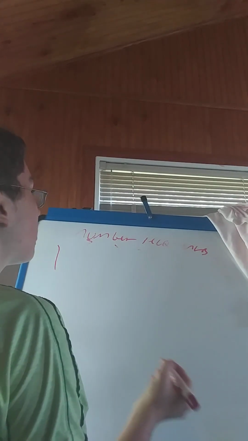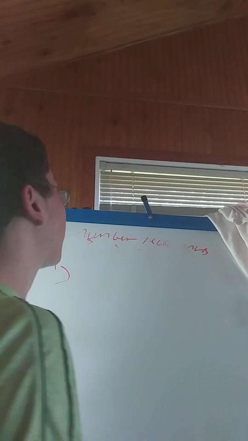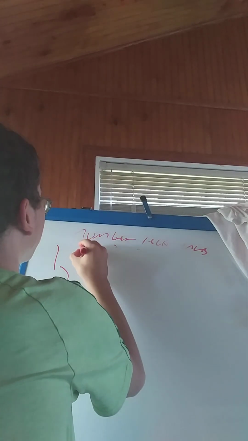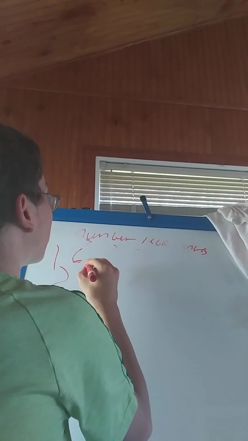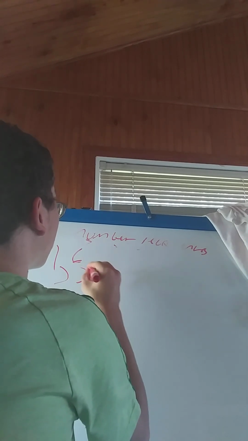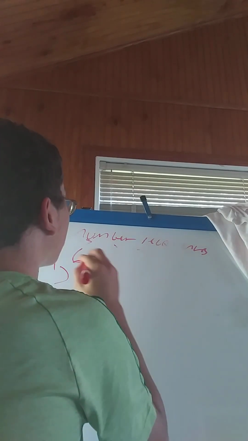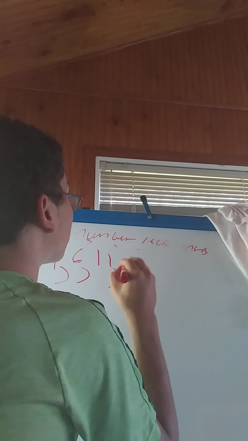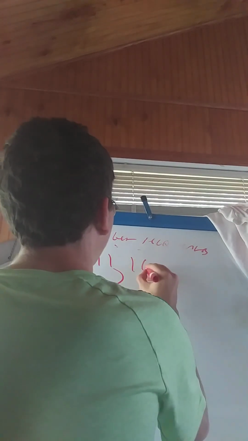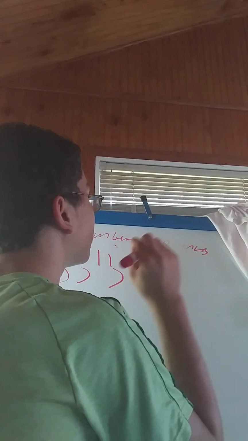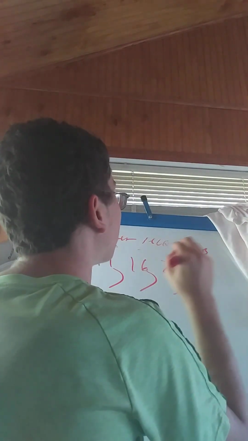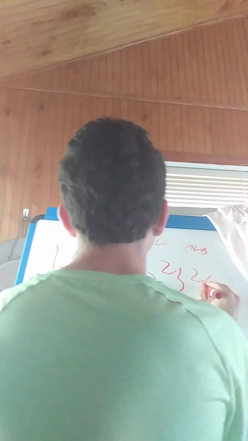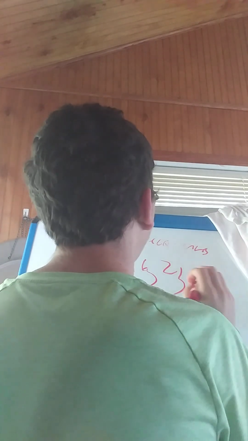So I might go a little uneven with this. There's a million things that you can do. 1, 6, 16, 21, 26, 31.